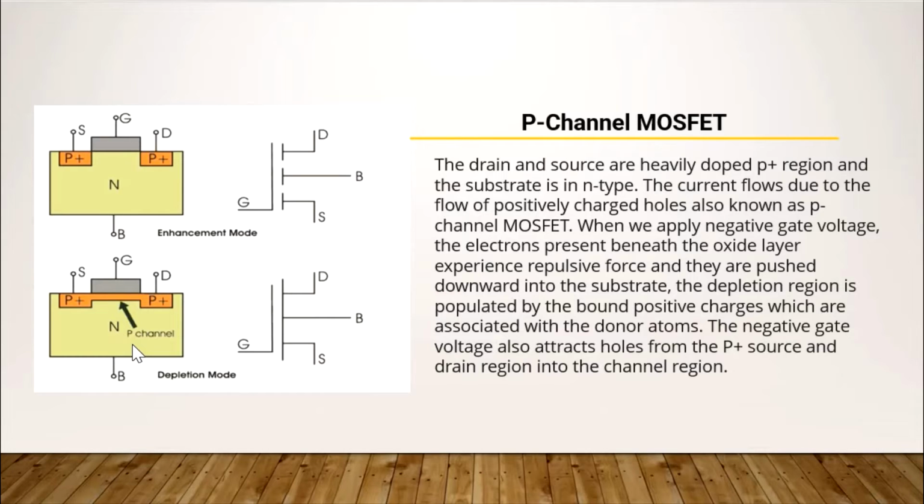The depletion region is populated by the bound positive charges which are associated with the donor atoms. The negative gate voltage also attracts holes from the P plus source and drain regions into the channel region.